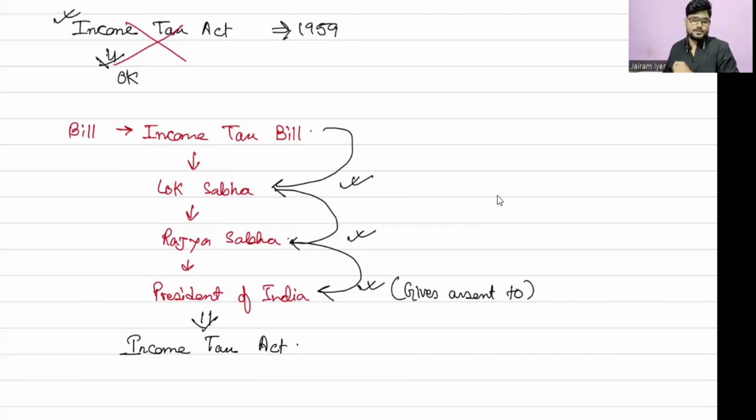At first it was introduced as a bill, then it was passed by both houses of Parliament, Lok Sabha first and then Rajya Sabha. After that it is presented to the President of India, and once he gives assent, an appointed date is selected, and on that day the respective acts are rolled out. We call it rolled out.